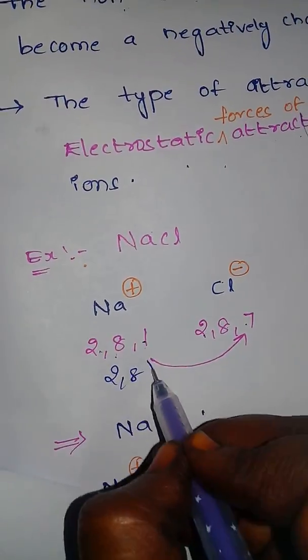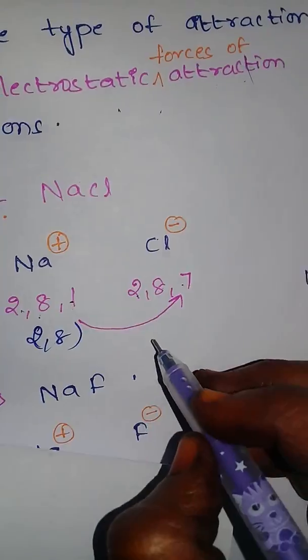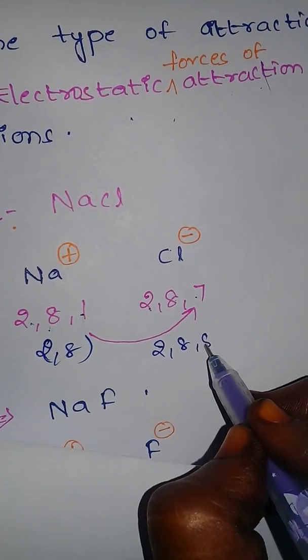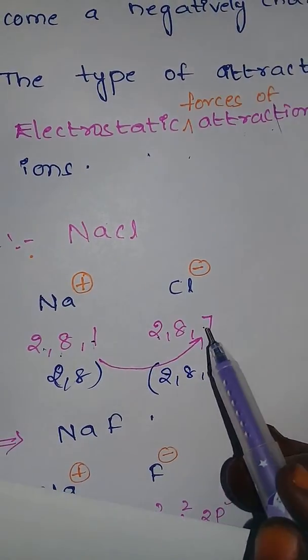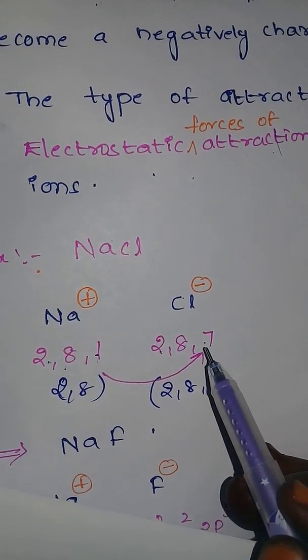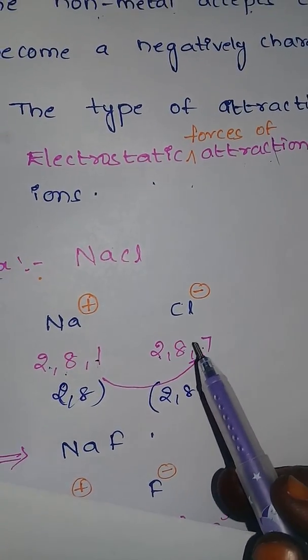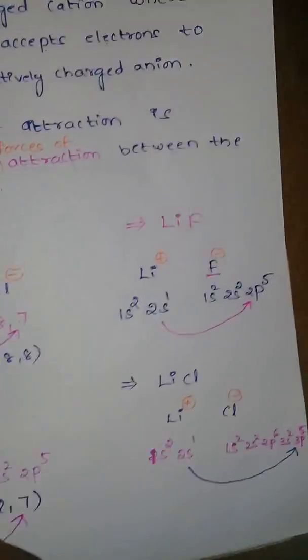After transferring 1 electron, this 7 becomes 8 to attain stable configuration.